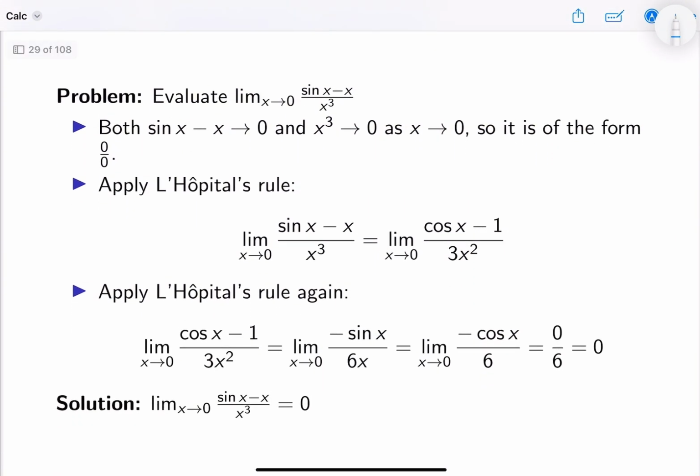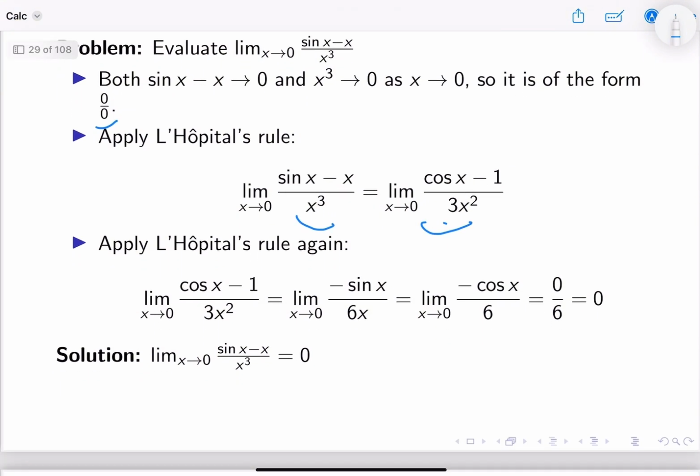This is yet another example that uses trigonometric functions, and I'm going to leave it to you as an exercise. It's simply the same thing. You start by differentiating this because it has the form 0 over 0, and you get this thing, but that's not enough. So you differentiate again, and you get this thing.